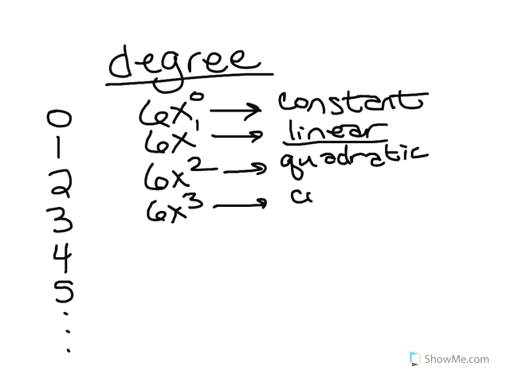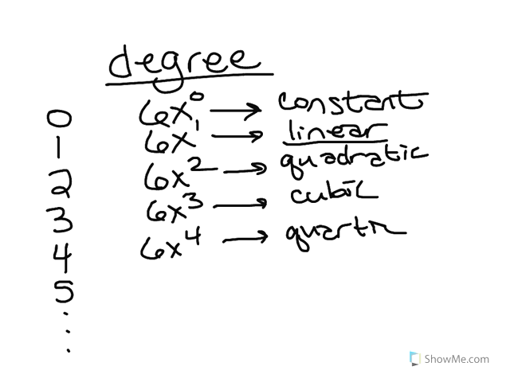After that, the names start to make a little more sense to us. Third-degree terms are called cubic. Their association with the cube being the obvious reason. At fourth degree, they call them quartic, although you don't really need to know that for an Algebra 1 class. And fifth degree, they call them quintic.